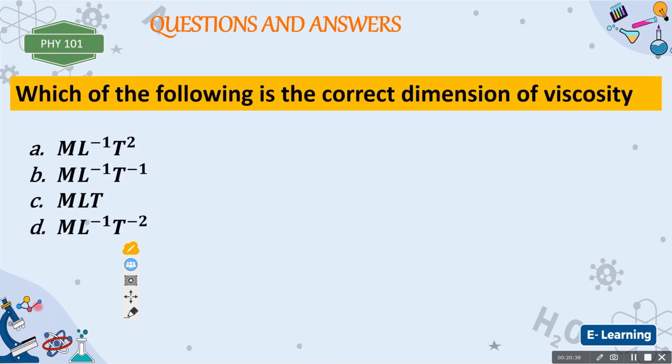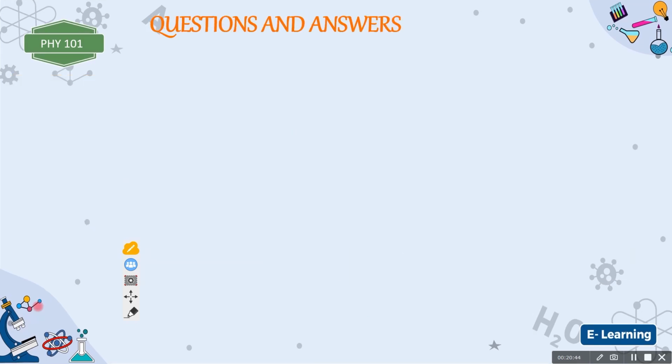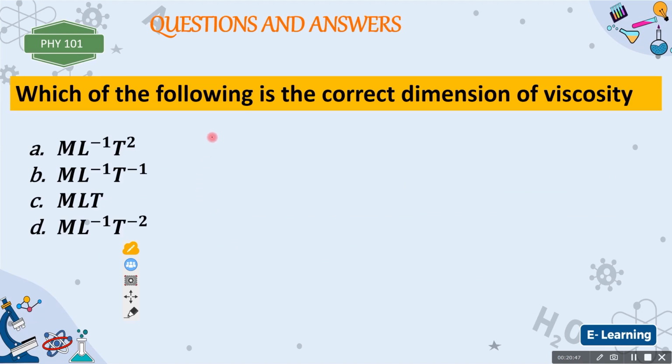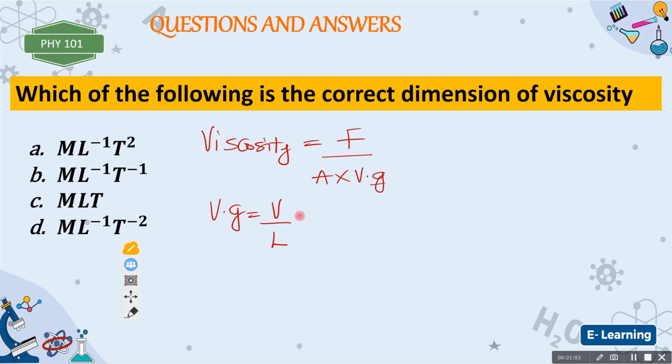What is the correct dimension for viscosity? What is the formula for viscosity? We said viscosity is force over area times velocity gradient, where velocity gradient is velocity over length.